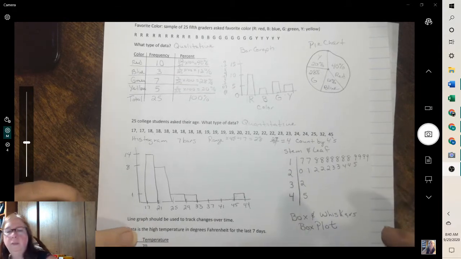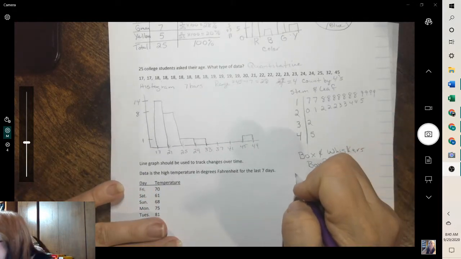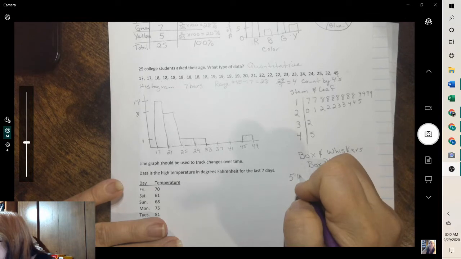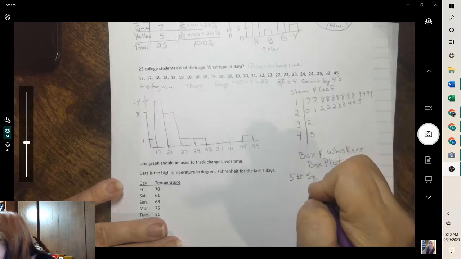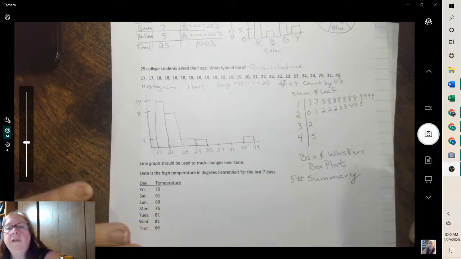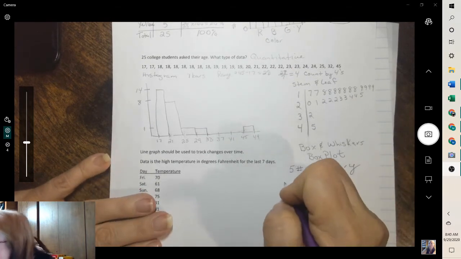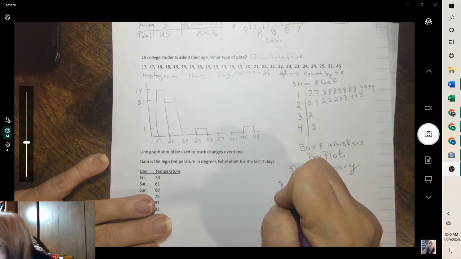What it does is break everything into quarters. So you need a 5-number summary. You need the smallest value.